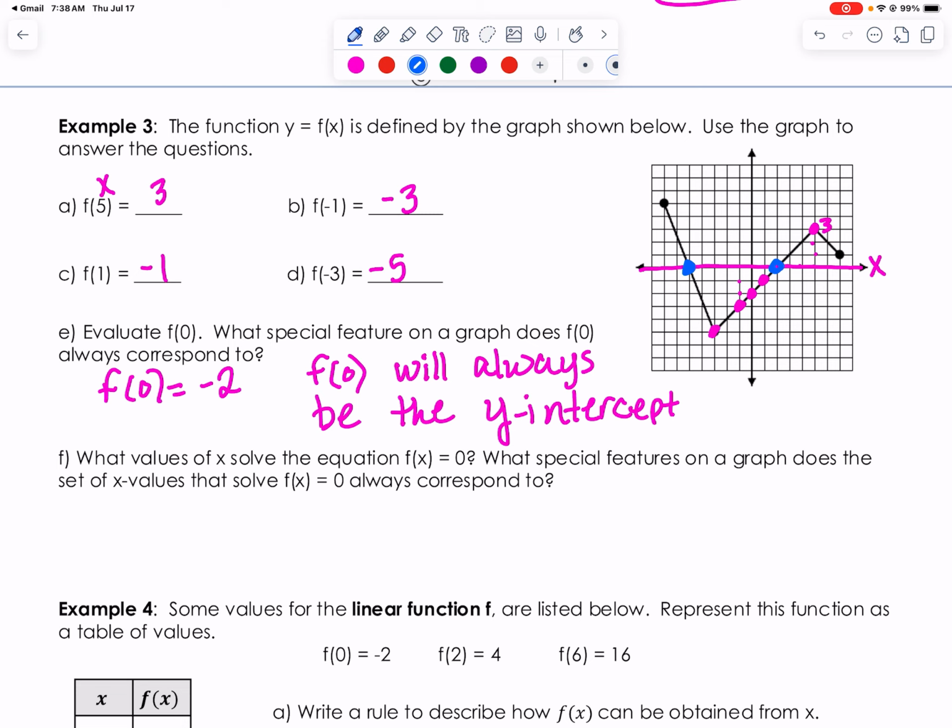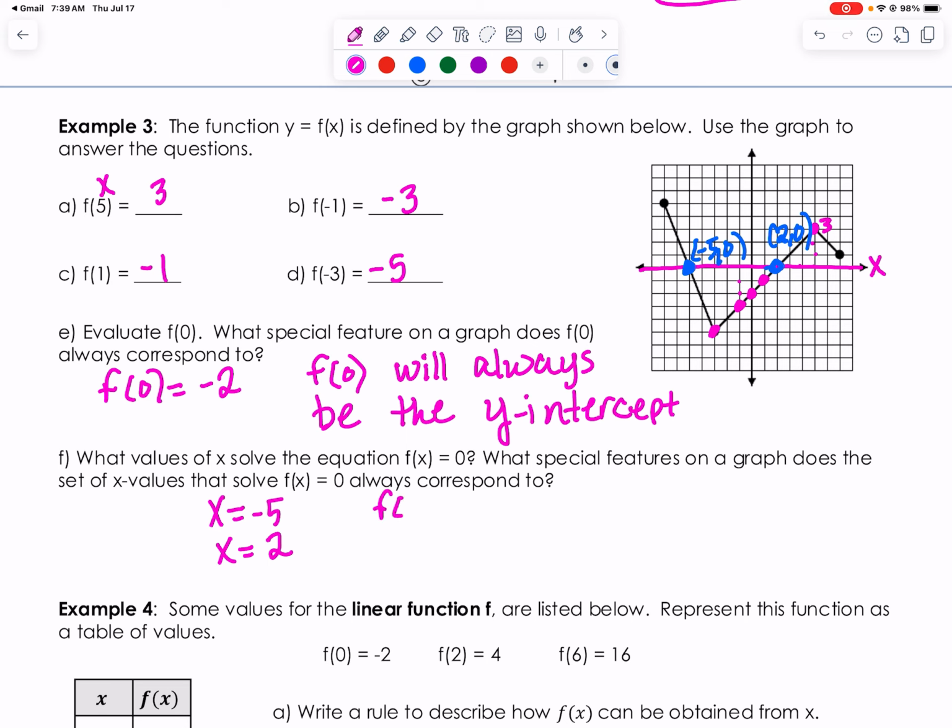So there's two places that the y value is 0. This is negative 5, 0, and this is 2, 0. So what values of x solve the equation f of x equals 0? That would be x equals negative 5 and x equals positive 2.